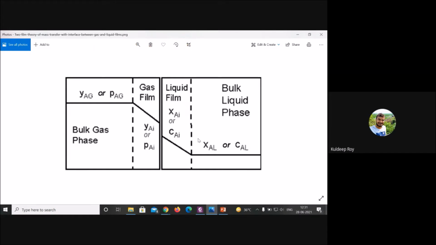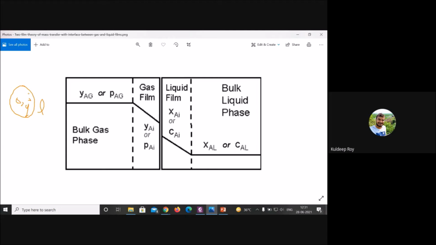Now this is your gas film. How does the gas film come? As I already told, if there is an oxygen bubble, around the oxygen bubble there will be an interface, or you can say a boundary layer. Inside will be your gas, here I'm writing G, and here will be your liquid, which will be the mixture of your nutrients or any kind of media.